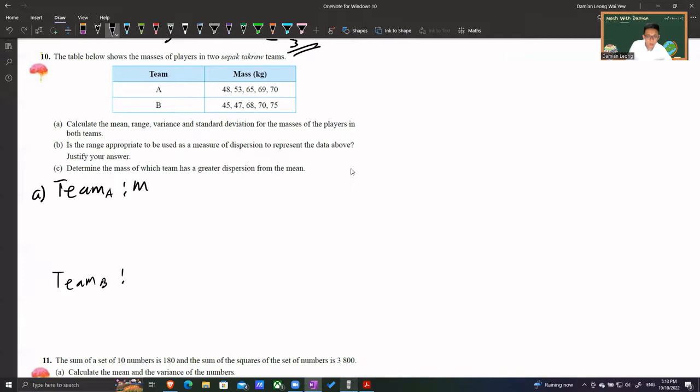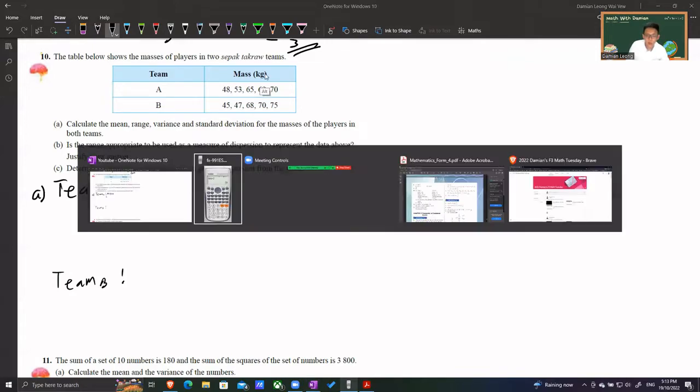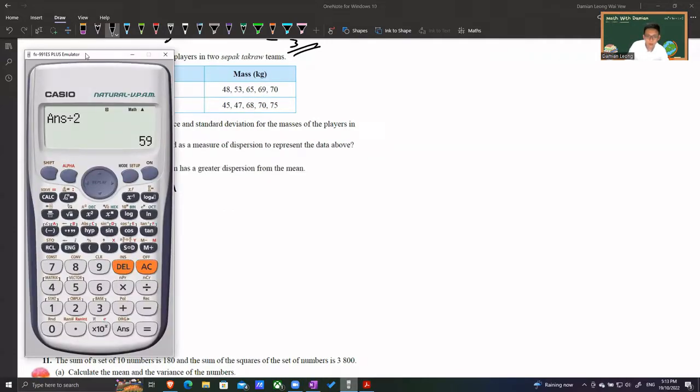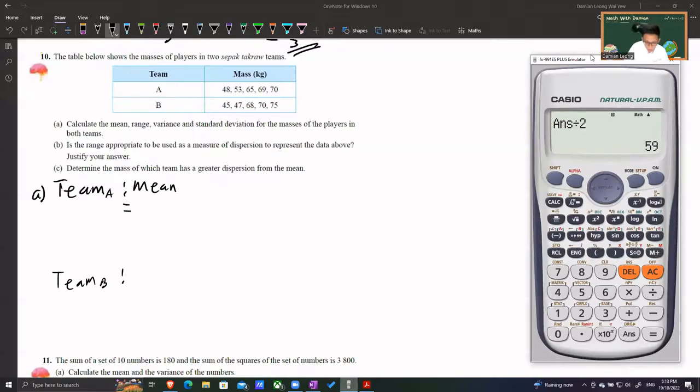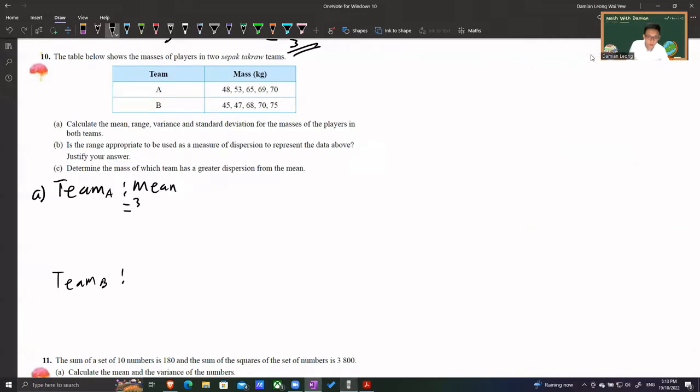So the mean will basically be the sum of all the values. So we just add up all the values here. 48 plus 53 plus 65 plus 69 plus 70, 305, divided by the number of values, which is 5.